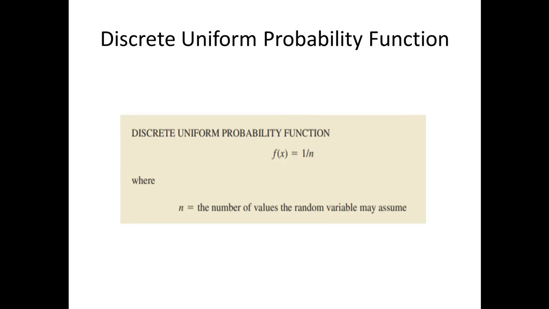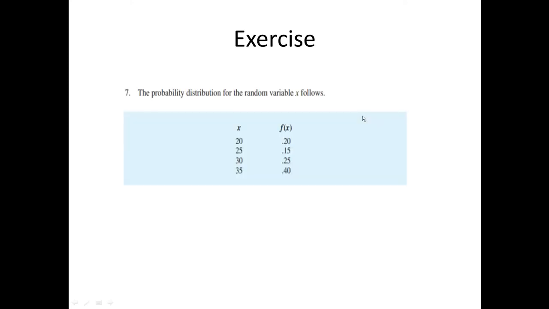But remember, we said in the discrete uniform probability function and a discrete uniform probability distribution, the probability is given by 1 over n, where n is the size of the sample space, the number of possible values that the random variable can actually take on.